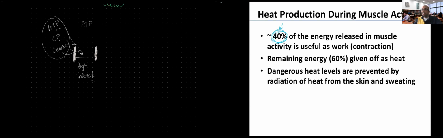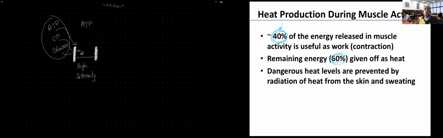And 60 calories of what you've burned, 60%, will be transformed into heat that is released from your body. 60% of the energy consumed by your muscles is going to be transformed into heat, and only 40% is going to be in the form of an actual contraction, an actual mechanical movement.